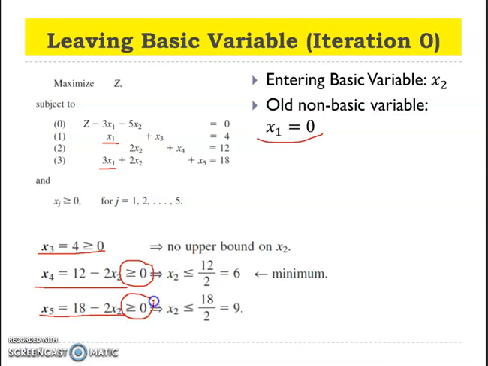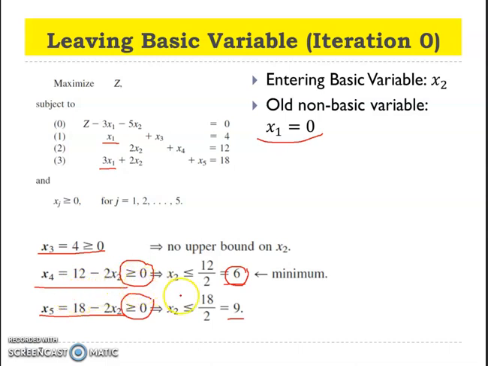So once these variables are greater than or equal to 0, we can see that x2 will be less than or equal to 12 by 2, that is 6, and x2 will be less than or equal to 18 by 2, that is 9. Now if x2 is less than or equal to 6, it will also be less than or equal to 9. So we have to take the minimum of both the values so that both the constraints satisfy the non-negativity condition.